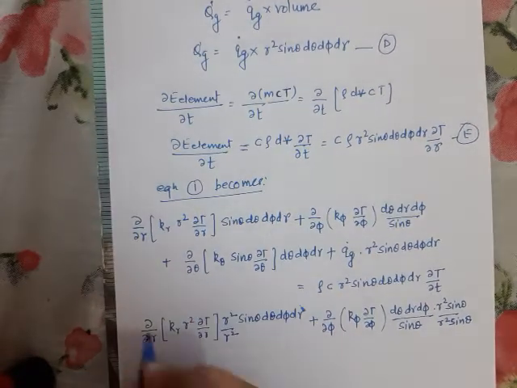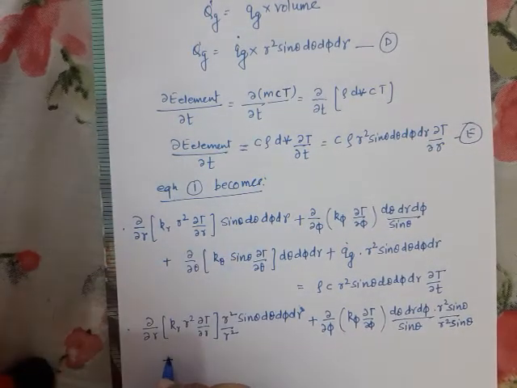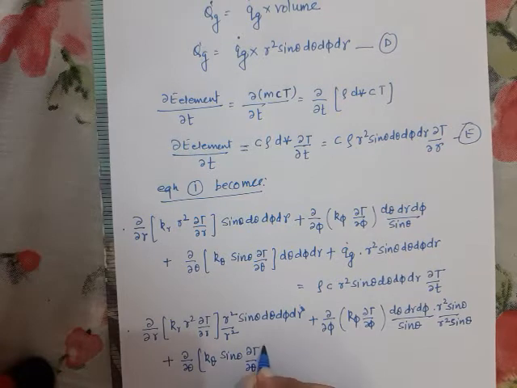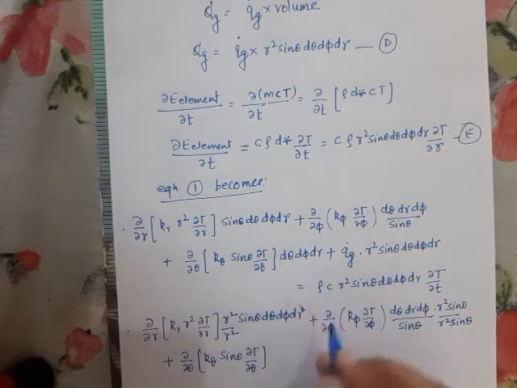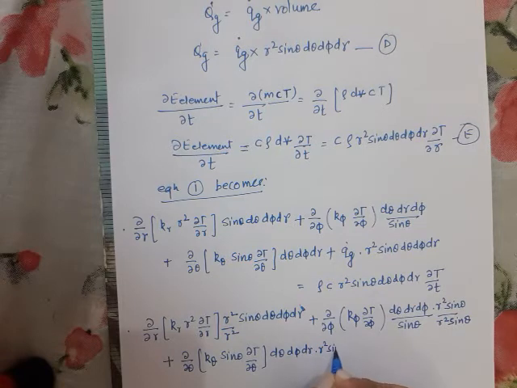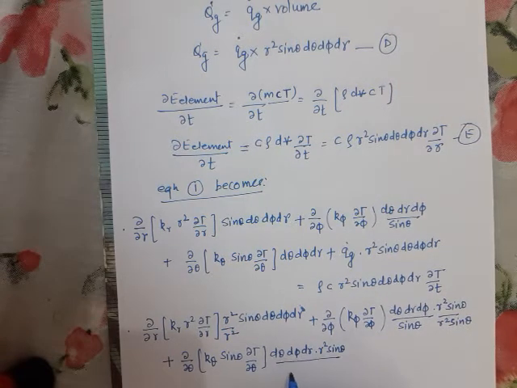Similarly, this third term, del upon del theta k theta sine theta del T upon del theta, d theta d phi dr, let me multiply by r square sine theta, let me divide by r square sine theta.